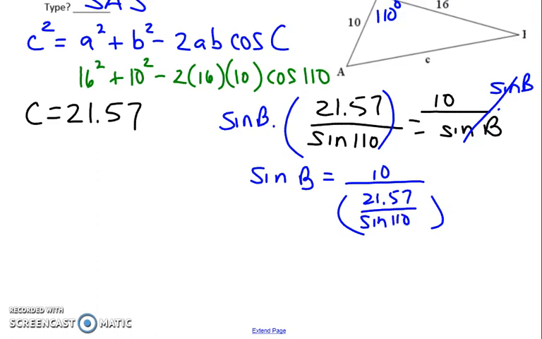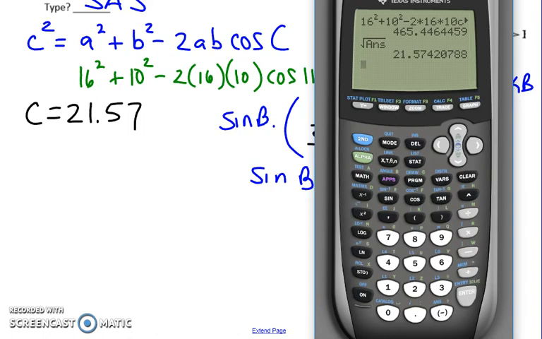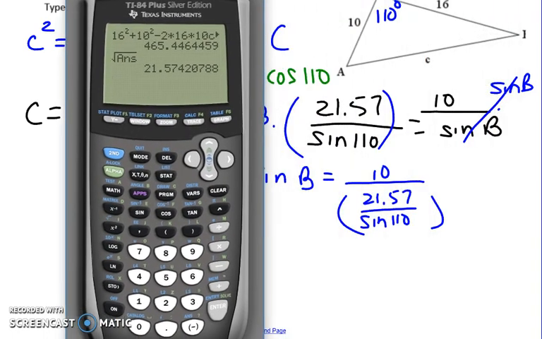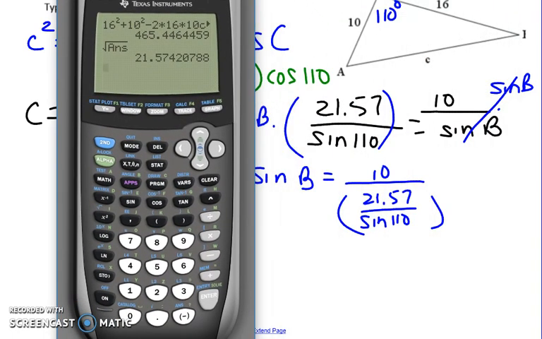In your calculator, do 21.57 divided by the sine of 110, you get your answer.